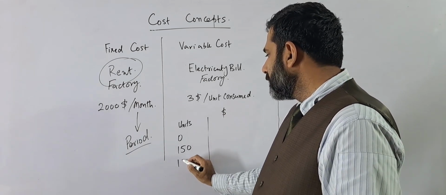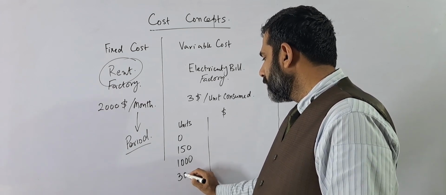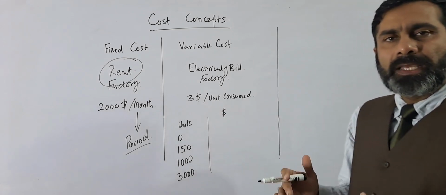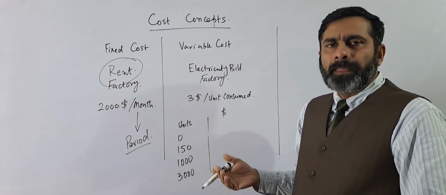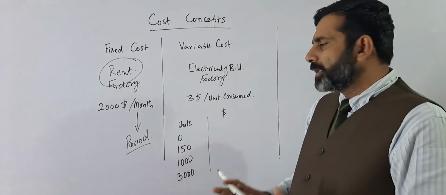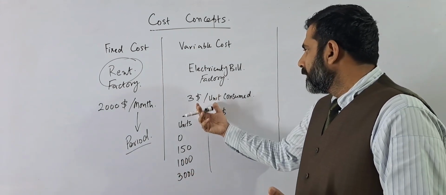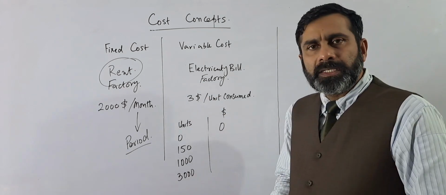Let's say after that they have 1,000 units, then 3,000 units. So these are the different units which they are consuming. For example, the factory is on annual shutdown, so there is no production. Obviously there will be no units consumed for the electricity, so the cost which they have to pay is $0.